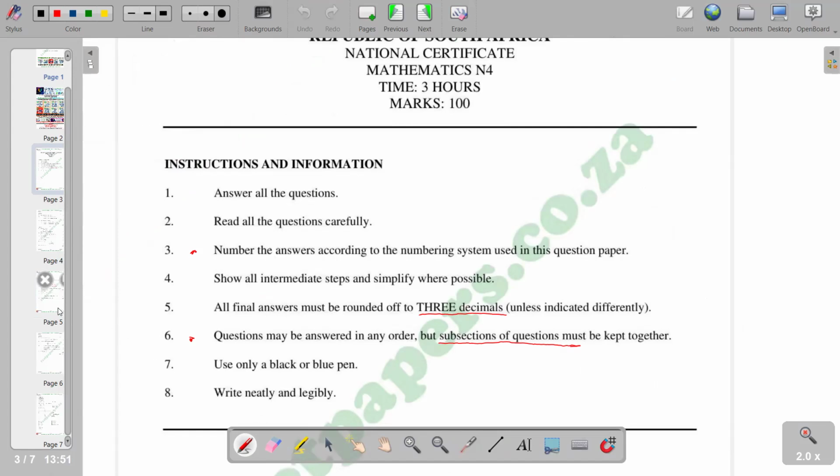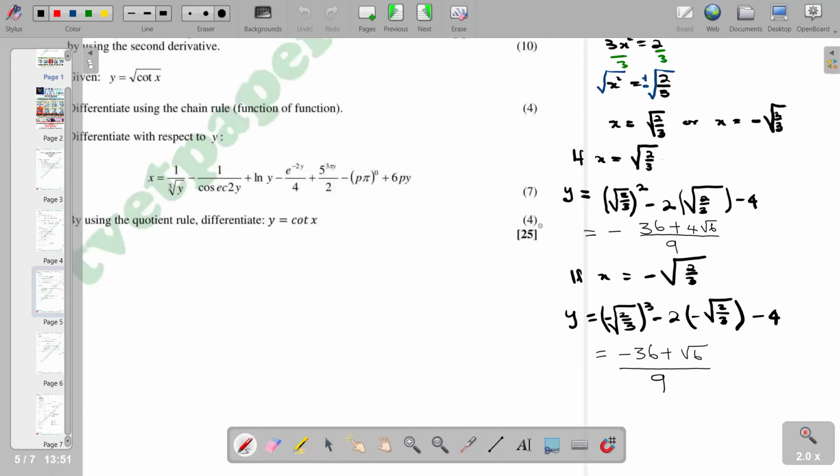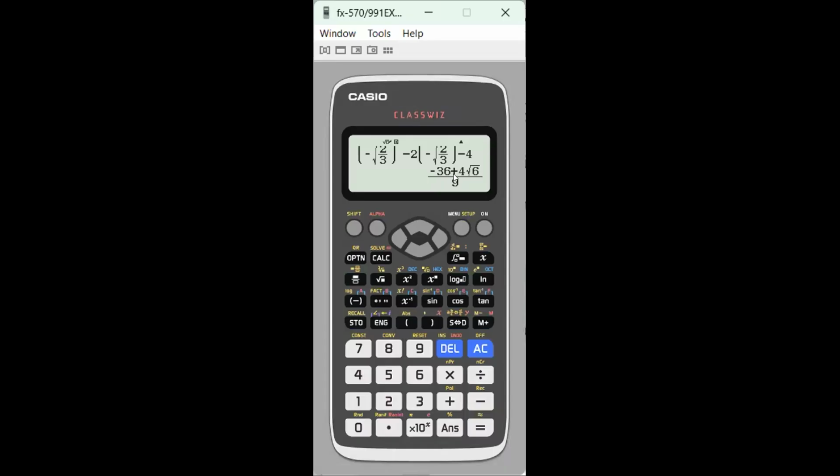So going to our calculator, if we put it to 3 decimal places, the answer is going to be negative 2.911.